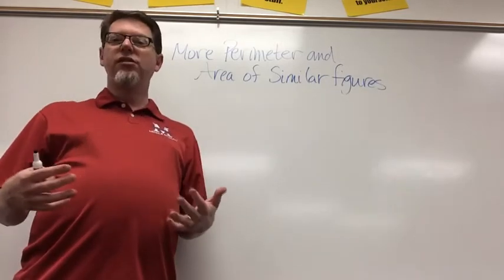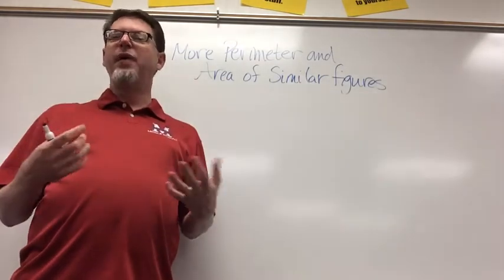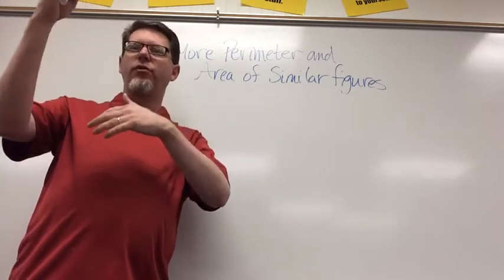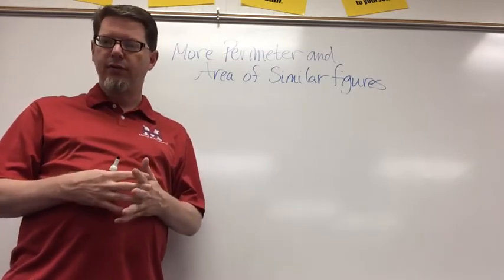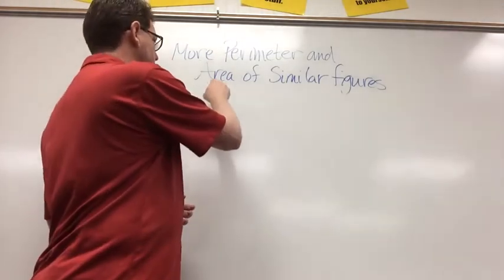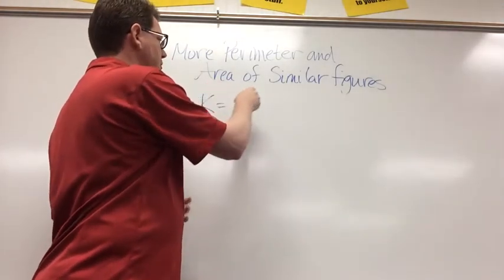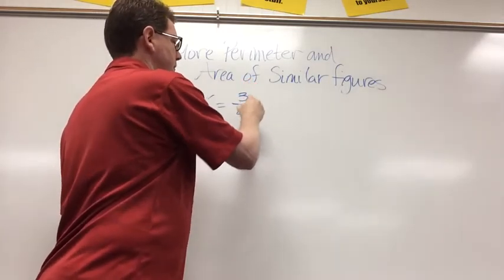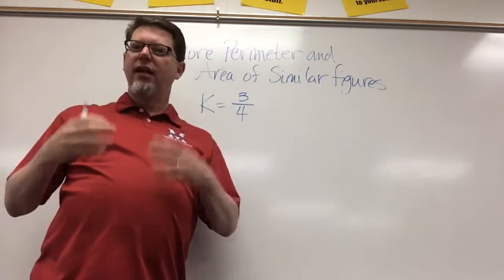Well, let's continue this just a little bit, and let's talk about some of the problems on the back. I think the example that I give will kind of help go through all 6 of the problems that are on the back of the homework. Let's say that my scale factor, I'm going to already go ahead and tell you that K equals 3/4. I know that K equals 3/4.